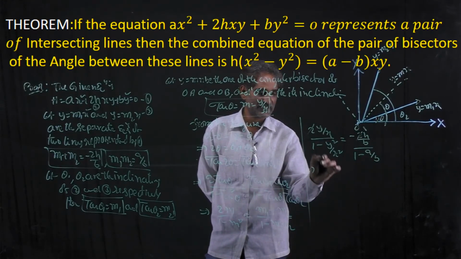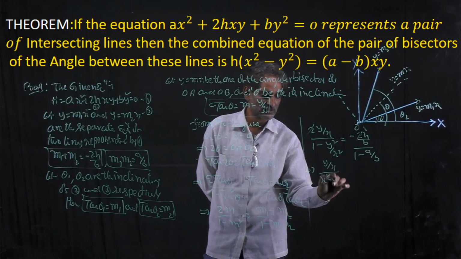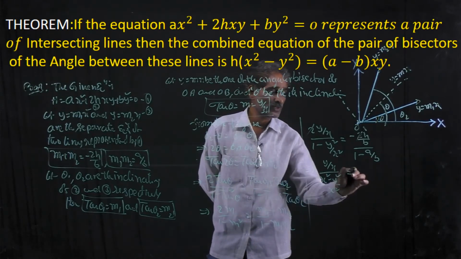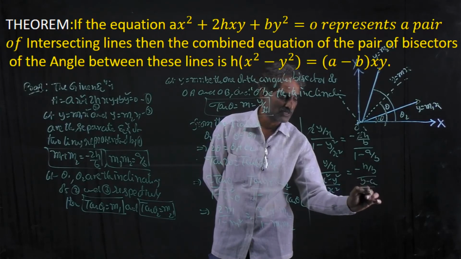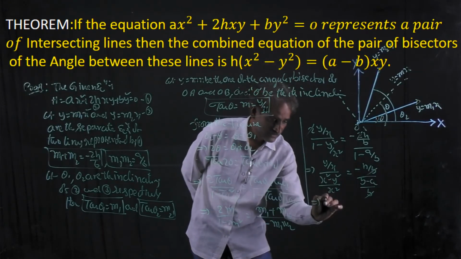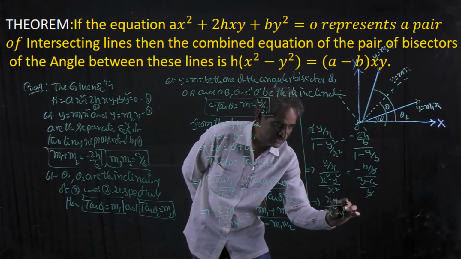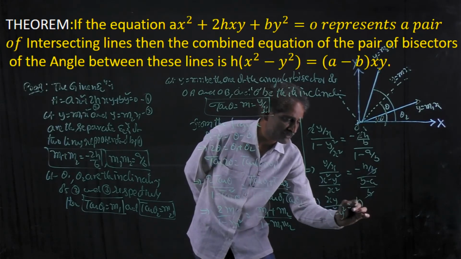This implies xy by x square minus y square, that is equal to minus h by b minus a by b. b gets cancelled. So now from this we can write xy by x square minus y square is equal to minus h by b minus a, means h by a minus b.